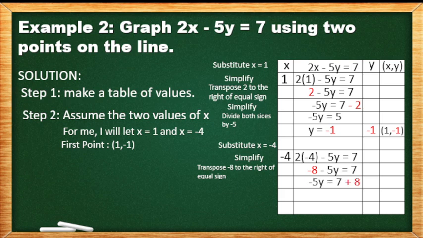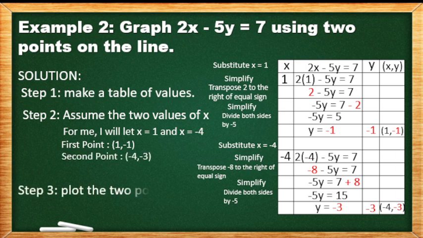So, meron tayong negative 5y is equal to 7 plus 8. Then, simplify ulit. So, meron tayong negative 5y is equal to 15. And 15 divided by negative 5, the answer is negative 3. So, the second point is negative 4 and negative 3.